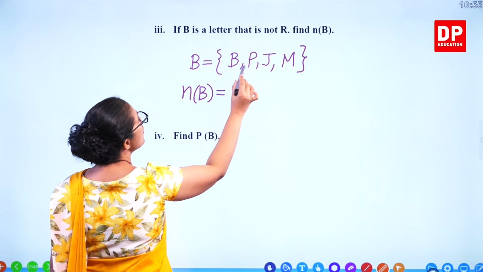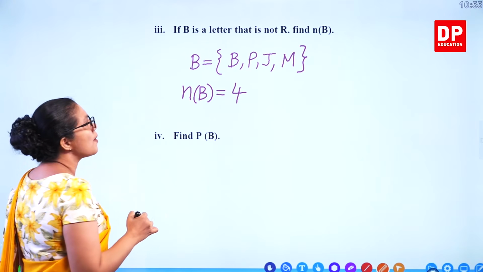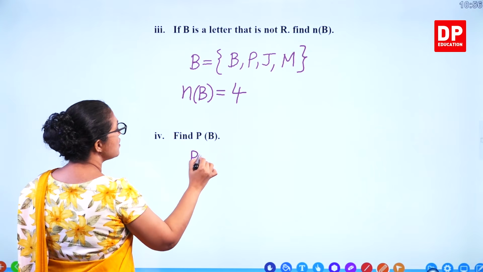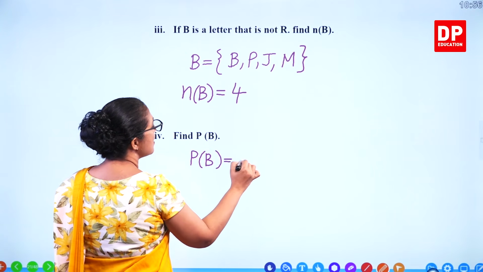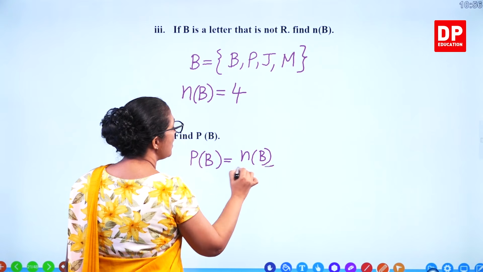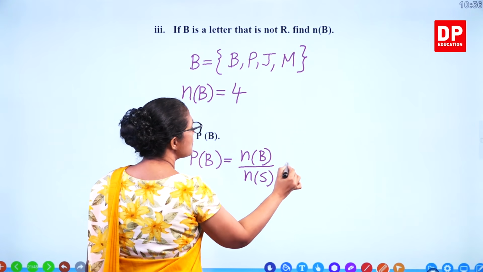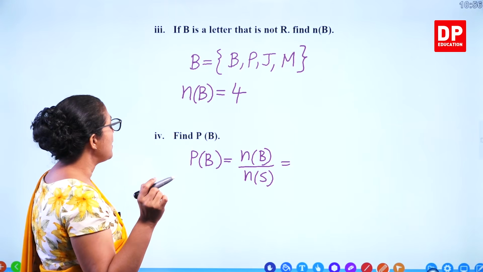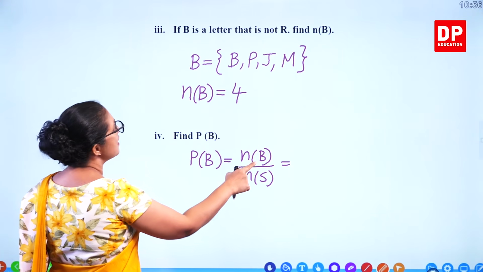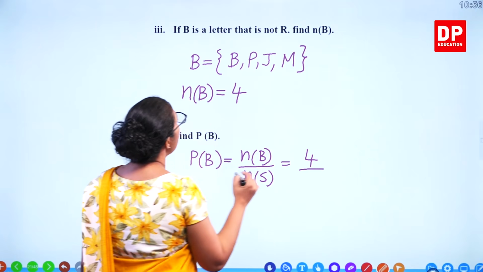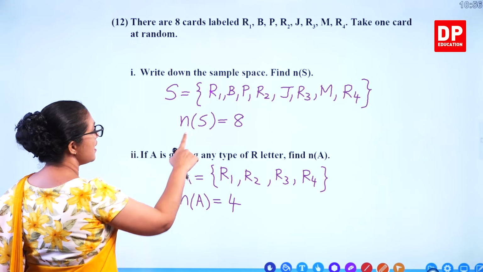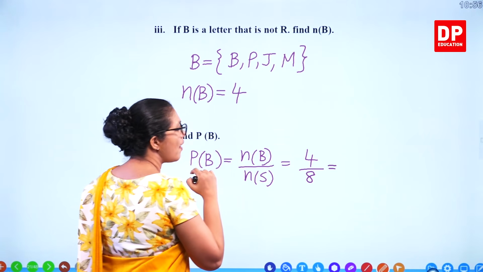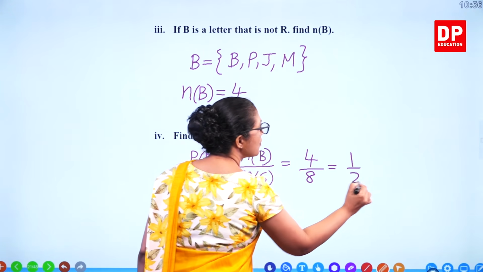All the outcomes, 1, 2, 3, 4. 4 outcomes are there. So what's the probability of getting B? Probability of getting B is number of elements in B over number of elements in the sample space. So here elements or outcomes, same thing. NB, that's 4. NS, we'll look at it. NS is 8. So 4 over 8, you can simplify and write down half.